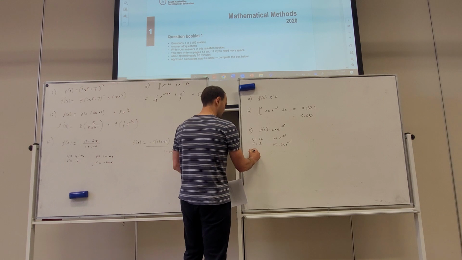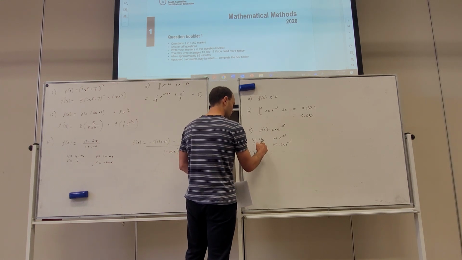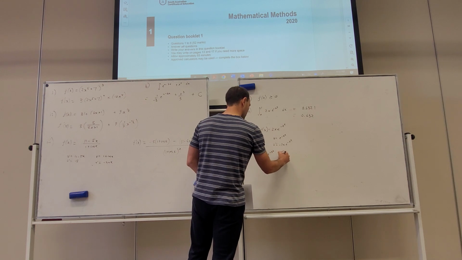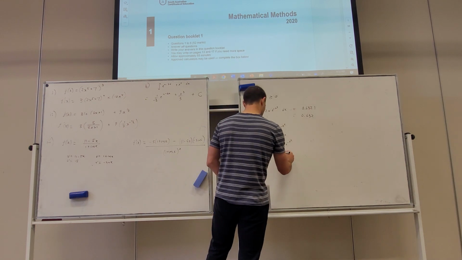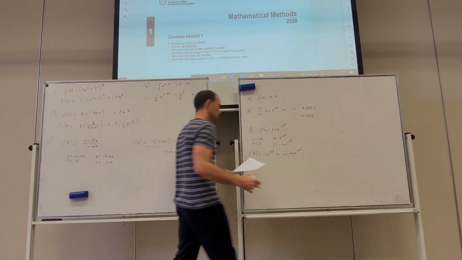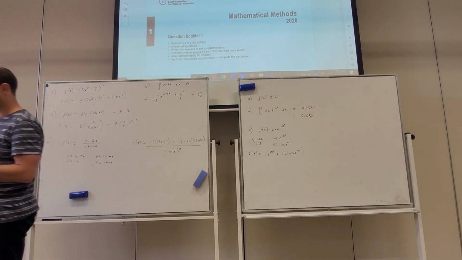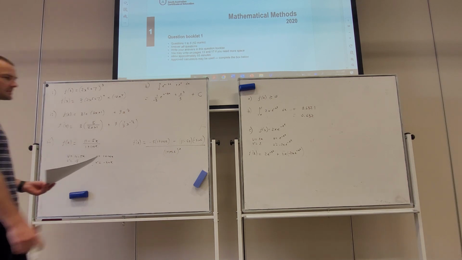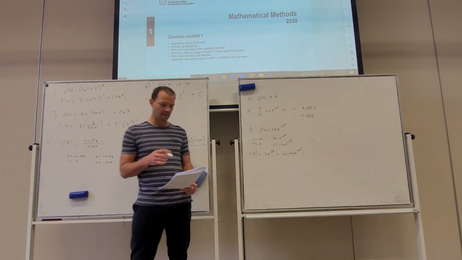So mash all that together. u dash v plus u v dash. So we've differentiated there, we haven't simplified it, we probably will in the next step because we're going to use it.